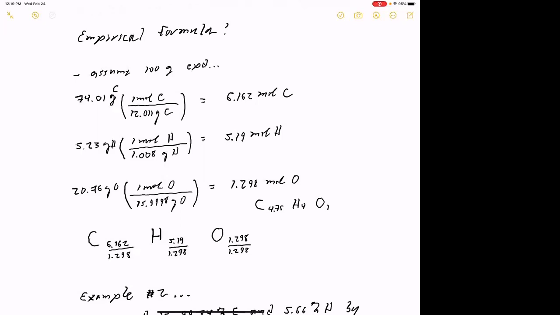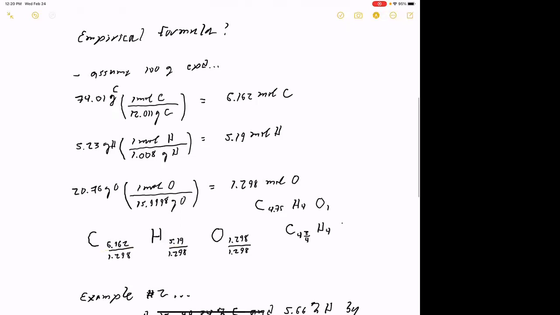So in other words, another way of writing this is C4, and then what's 0.75? That's the same thing as 3/4, right? So I could write that as 4 3/4 oxygens... or sorry, carbons.